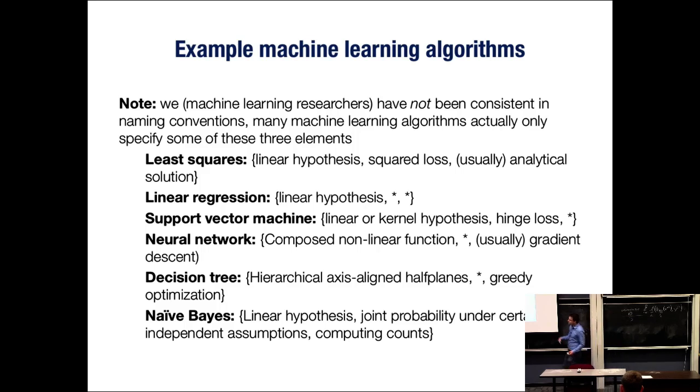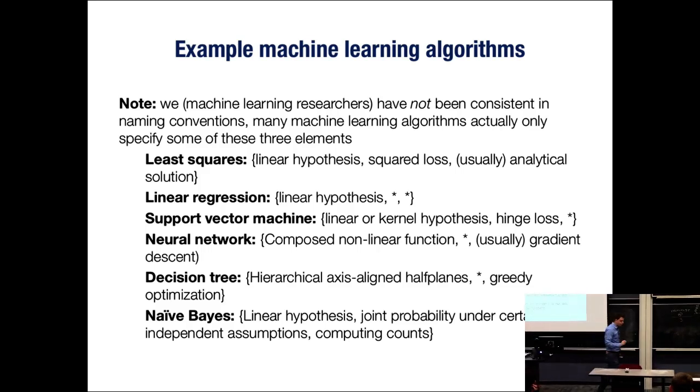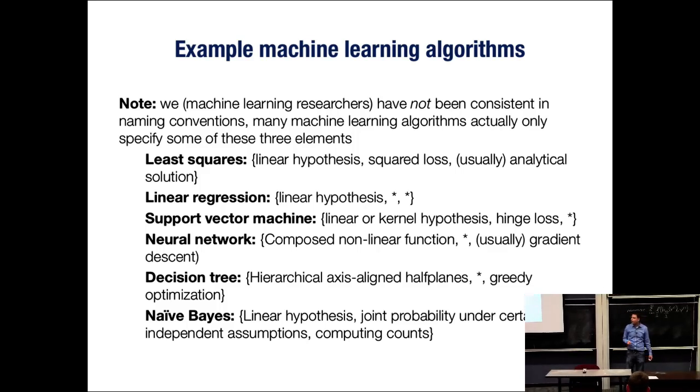A neural network. So we really have great names in machine learning too. We really succeeded in that, if we have not succeeded in precision here. A neural network refers to a specific type of hypothesis function, which involves composed nonlinear functions of a specific type. That's a neural network. And it can use whatever loss you want, actually.